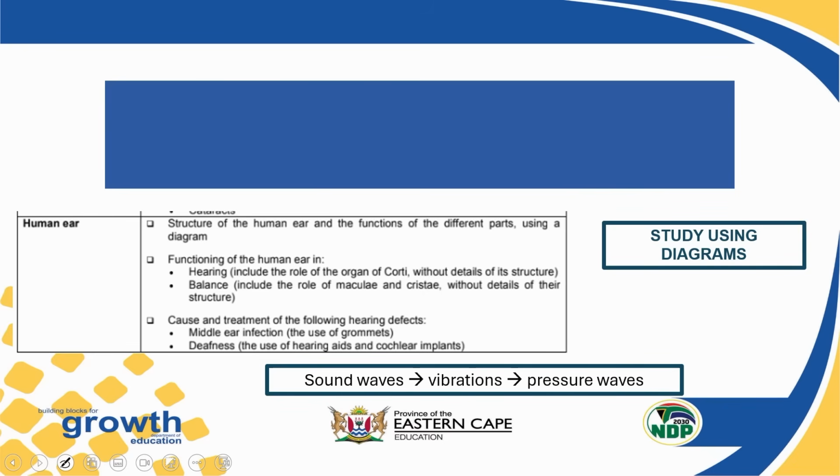In the middle ear, it travels as vibrations through the bones, the ossicles. And when it gets to the inner ear, it travels as pressure waves through the fluid in the inner ear. So you must use the correct term in the correct place. Otherwise, if you say sound waves in the inner ear, you are going to get it wrong.